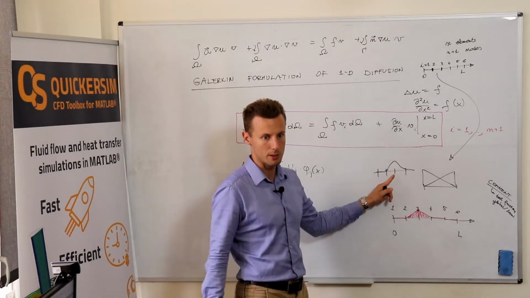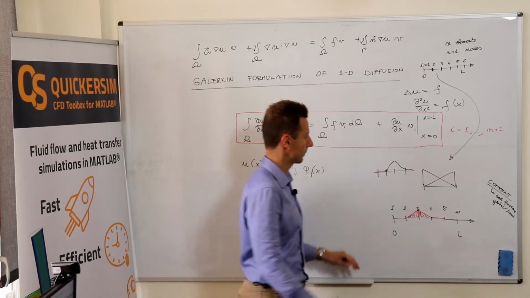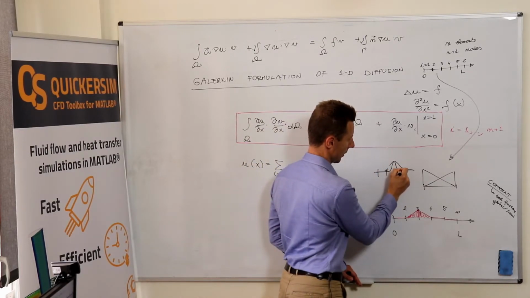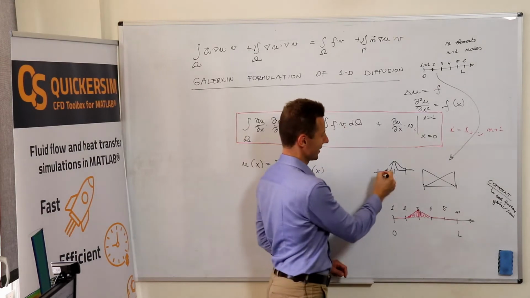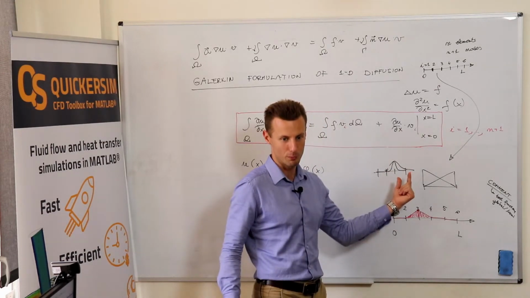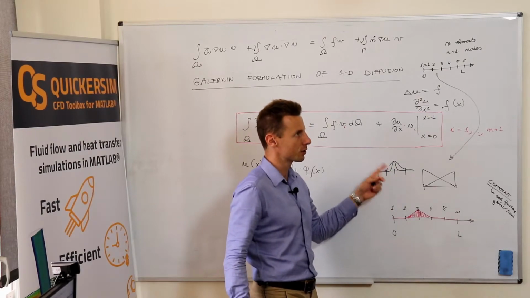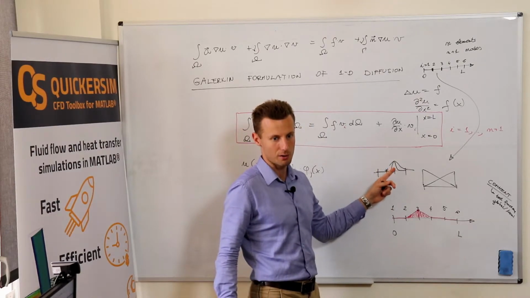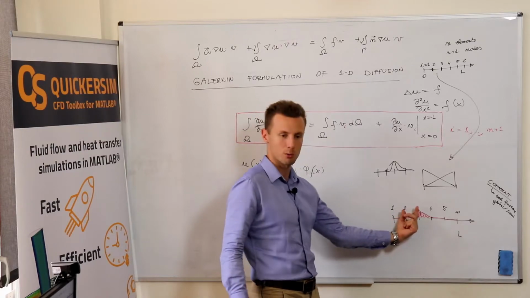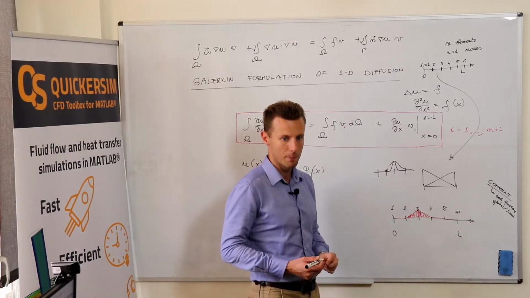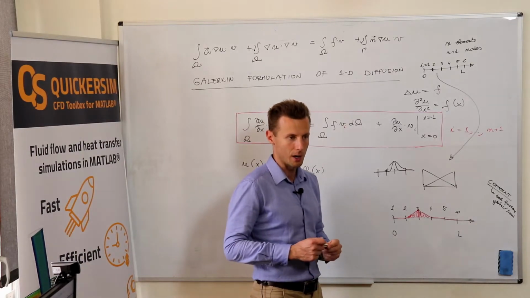Because as Mateusz said, well, maybe you can do it like that. Maybe wider, maybe more narrow. So you can't determine such a shape based on just two values. You need to assume something additionally.